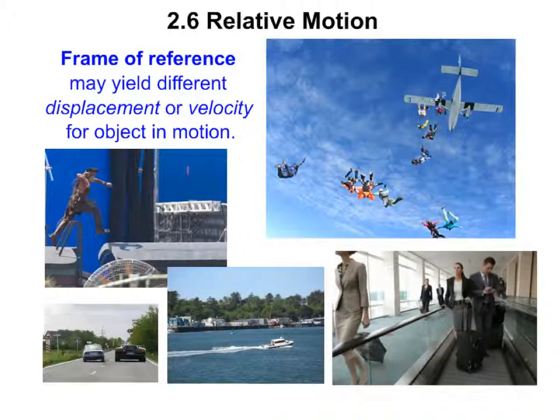How about a boat that is traveling on a river that is moving, or someone who is walking or leaping or jumping on a moving train? What is the frame of reference that you're going to use to describe that motion? Another example would be cars going at different speeds. Here's a slower car and a faster car. The frame of reference definitely matters.